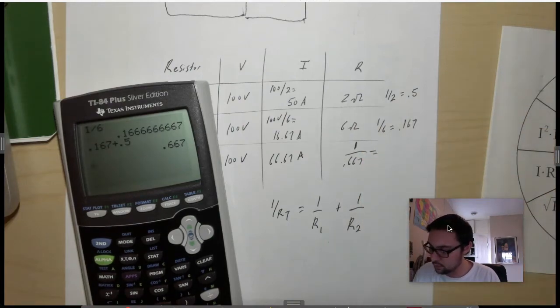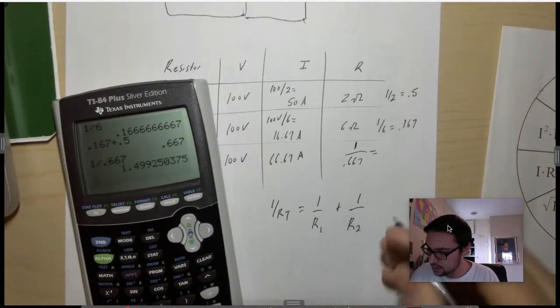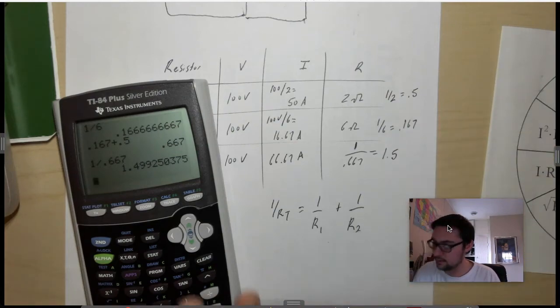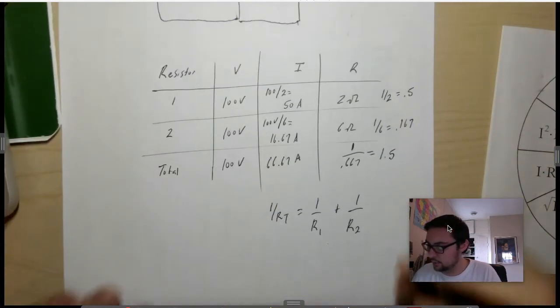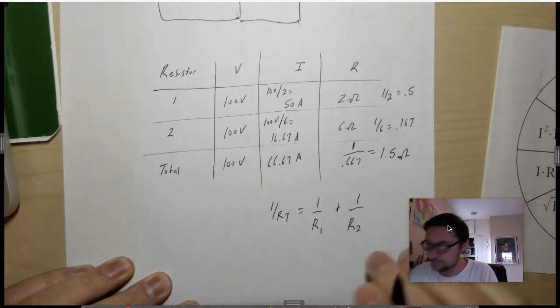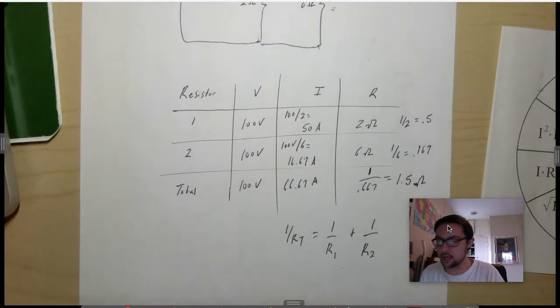So I do 1 divided by 0.667, and I get basically 1.5 ohms as my total resistance. So you can see it's a little more complicated when we're doing it in parallel.